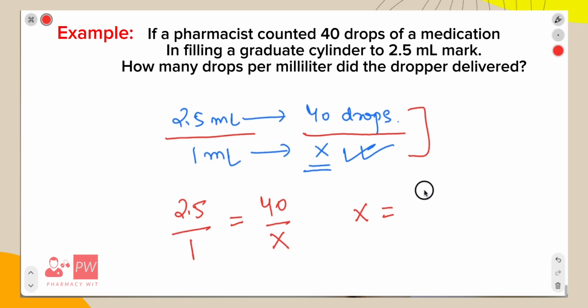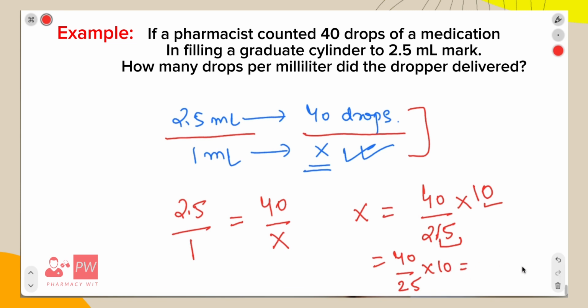So x will be 40 divided by 2.5. When you remove the decimal from 2.5, it becomes 25, and we multiply by 10. So now we have 40 divided by 25 multiplied by 10. The answer is 16. So 2.5 ml delivers 40 drops, and 1 ml will deliver 16 drops.